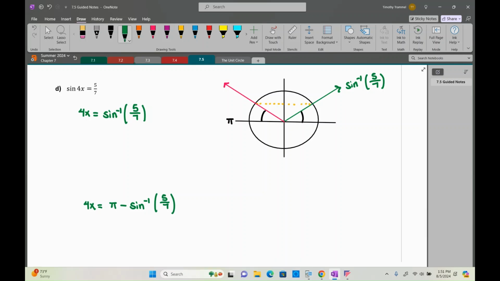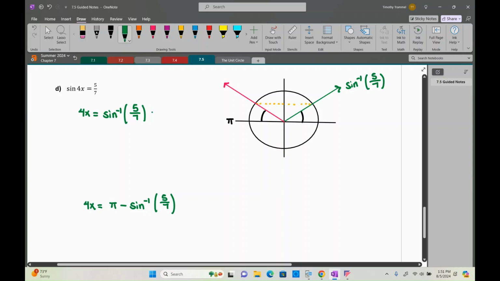Now, these two angles are just the angles that would make sine equal to 5/7 between 0 and 2 pi. Okay. But remember, sine has a period of 2 pi. So I could just add anything that's coterminal with these two angles here, or I could add a multiple of 2 pi. Okay.